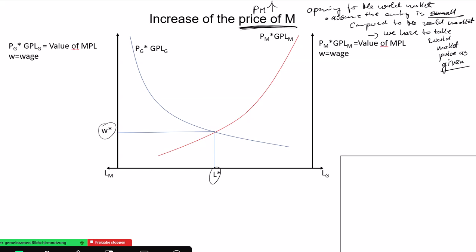So entering the world market will not change anything by the prices in the world market. So again, we are taking the world market price as given, and we just, without loss of generality, assume that the price of wheat should be the same, but the price of machines should be higher at the world market.